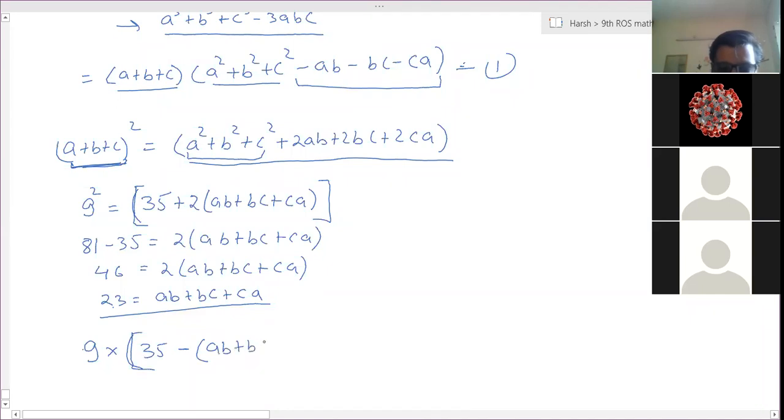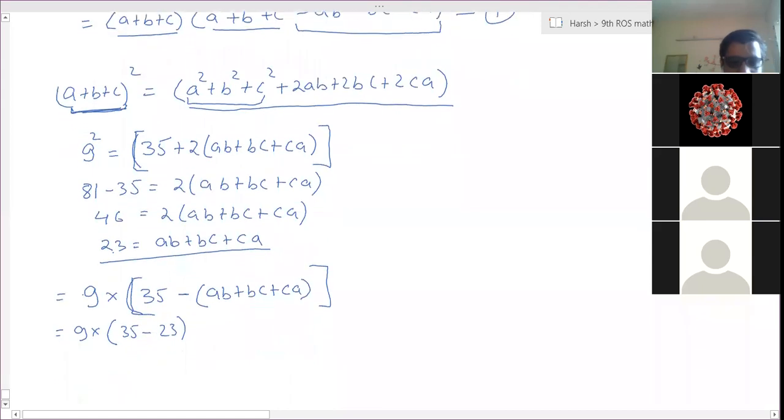AB plus BC plus CA. Can we replace this as 9 into 35 minus 23? Then 9 into 12 is equal to 108. That is the answer.